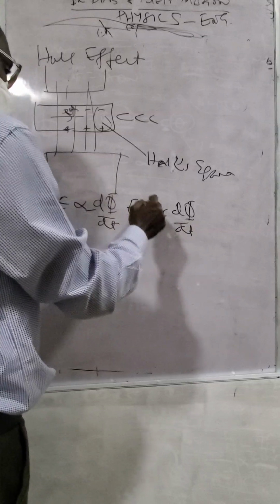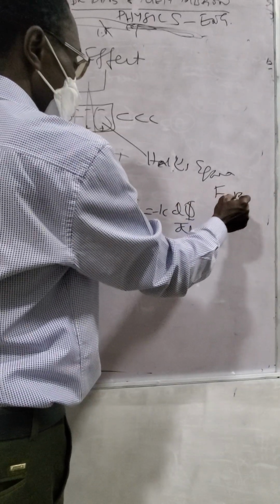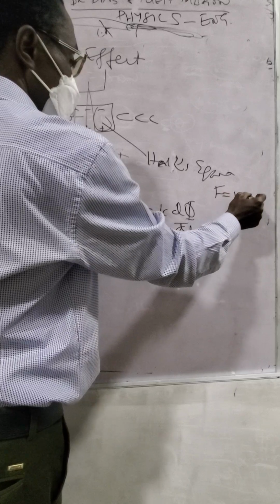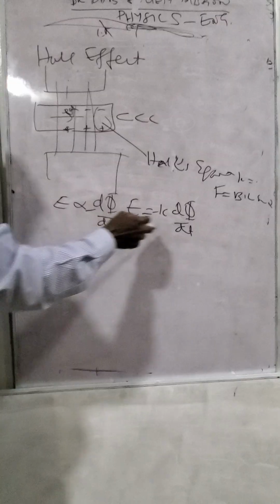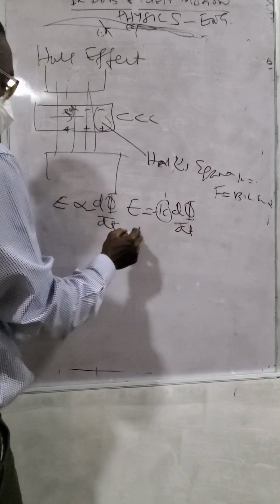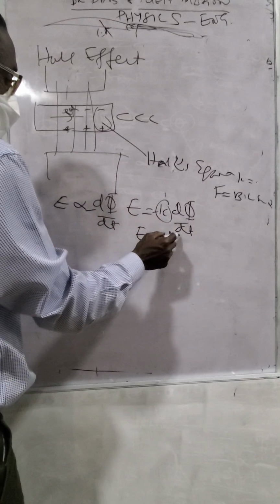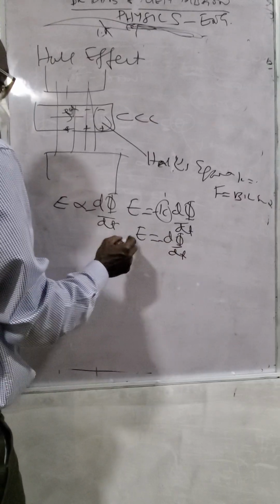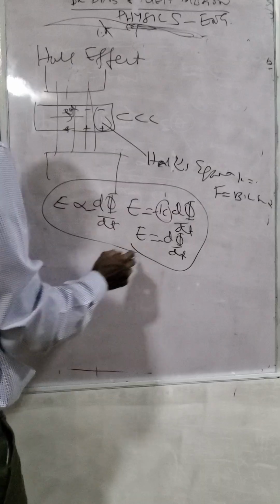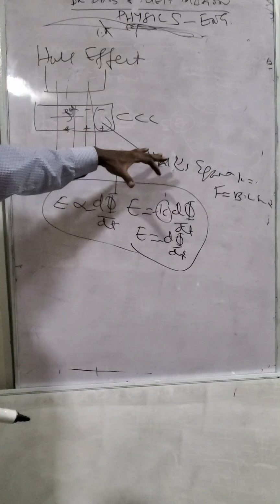This works for K equal to 1. So we can say that E is equal to negative dφ/dt. This equation is very important. You can keep it. Okay, so this is the Hall effect.